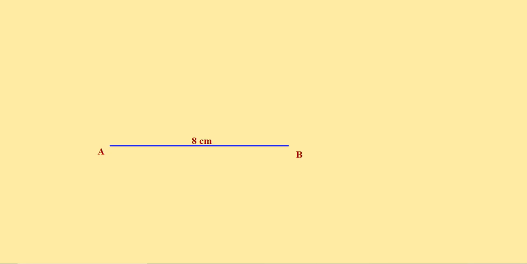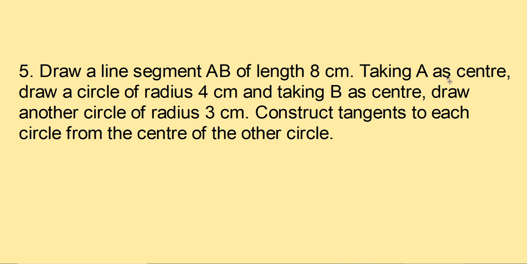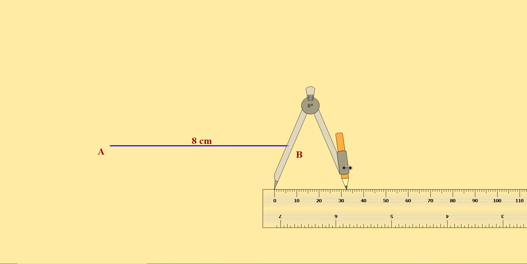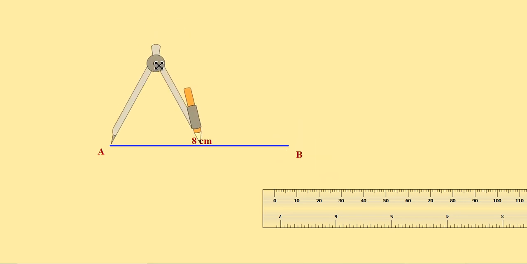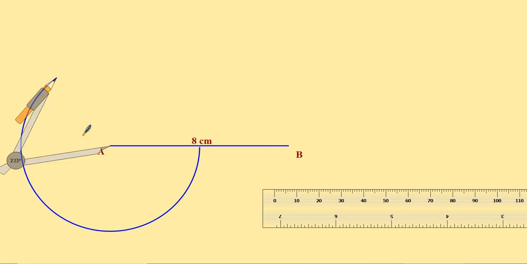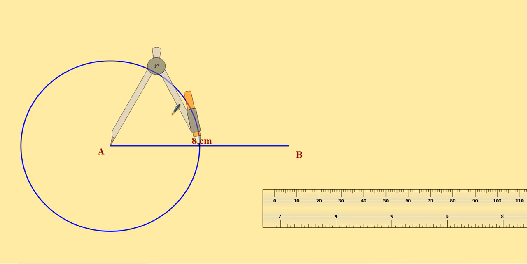Now, taking A as center, draw a circle of radius 4 centimeter. Now, take 4 centimeter as radius with the center A. Draw a circle.